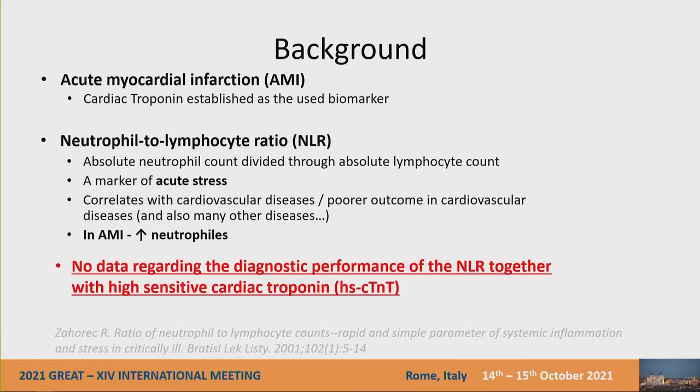Despite this, there are no data on the diagnostic performance of the neutrophil lymphocyte ratio together with high-sensitive cardiac troponins.